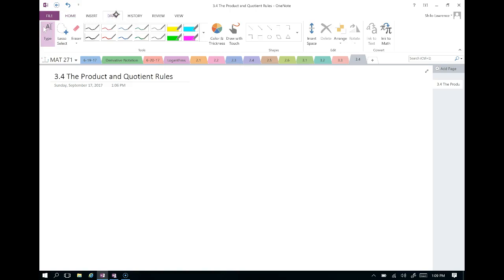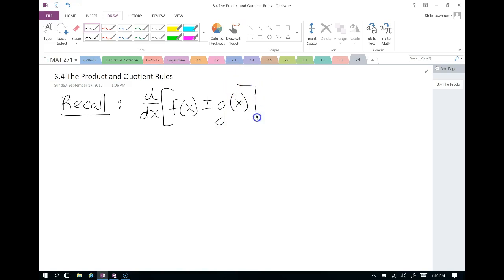In section 3, we said that if our function had addition and subtraction in it, we could just take the derivative of each piece individually, but that is not true when pieces of our function are being multiplied and divided. So just as a quick review, recall that when we want to take the derivative of two functions that are either being added or subtracted, you are allowed to just find the derivative of each piece individually.